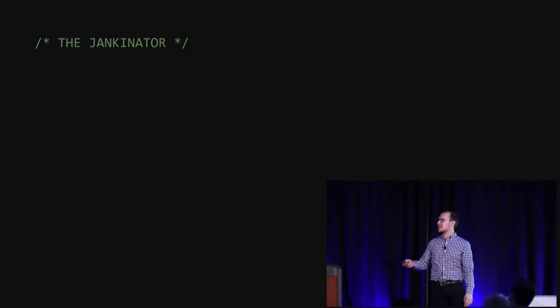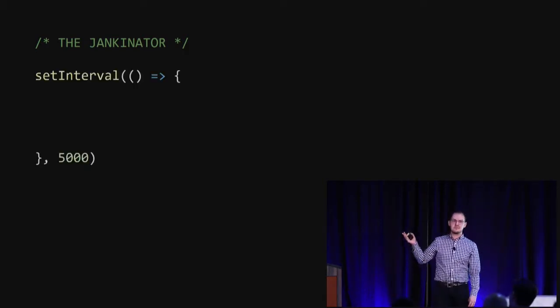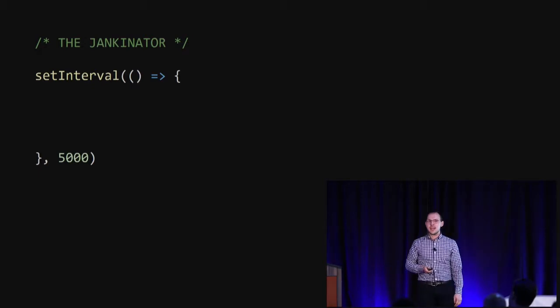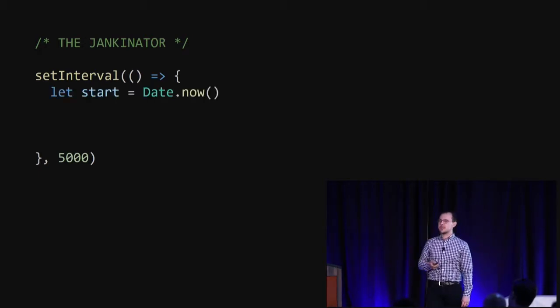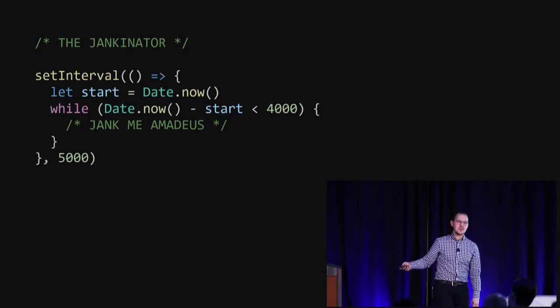The Jenkinator is extremely simple. All you need is a little setInterval, to run, say, every 5 seconds. Then inside of that code, you grab the current time with Date.now. Then you have a nice little while loop that just spins and spins for as long as you want. Here I'm doing it for 4 seconds.